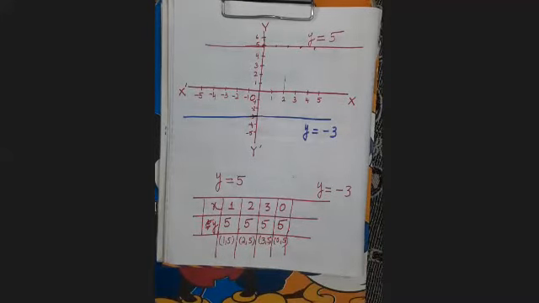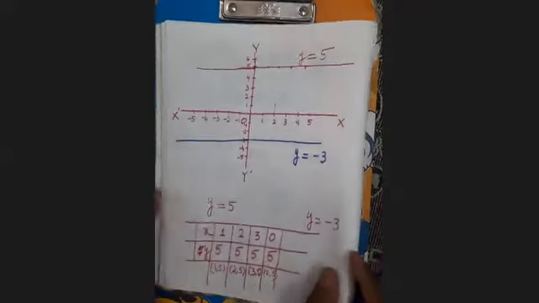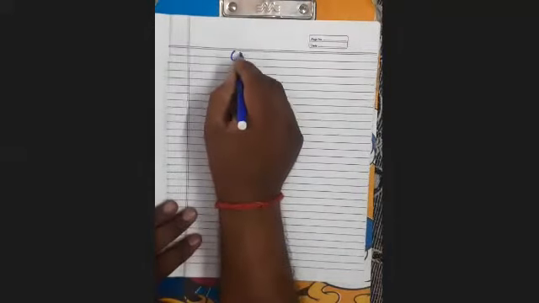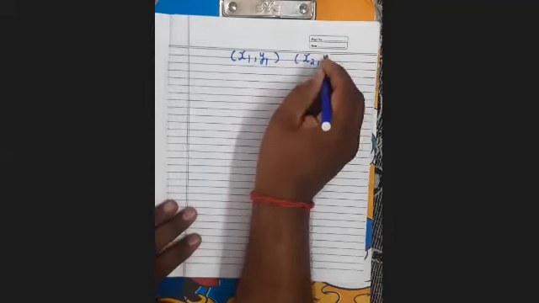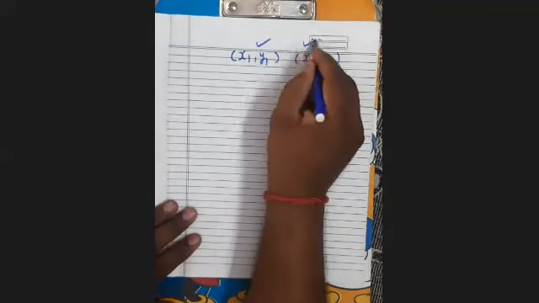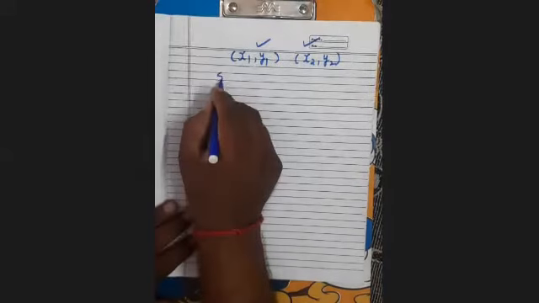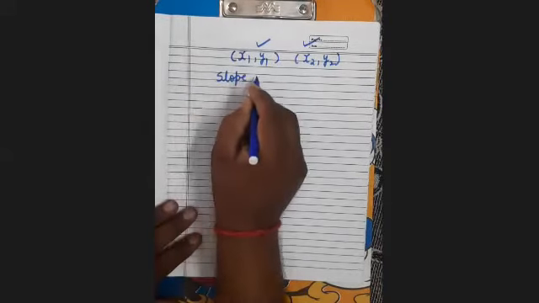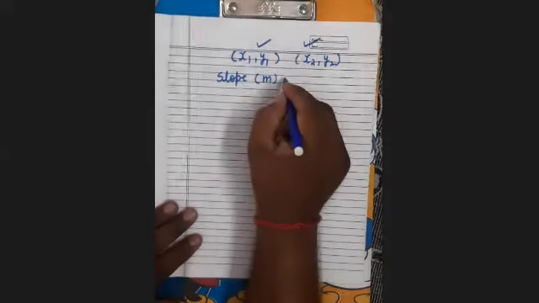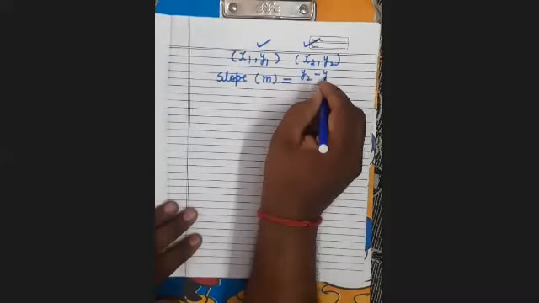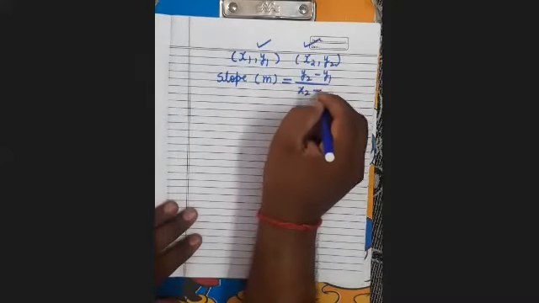Now, how will you find the slope of the graph? Slope you have already studied in maths in class 10th. What is the slope? If a line is passing through x1, y1 and x2, y2, the slope, whose symbol is m, is y2 minus y1 upon x2 minus x1.